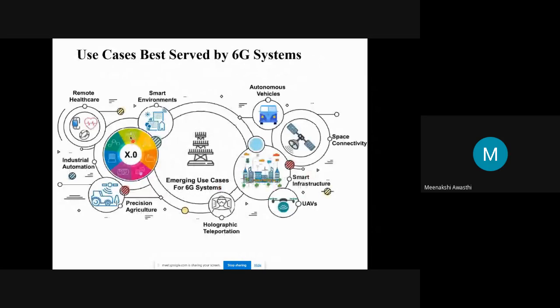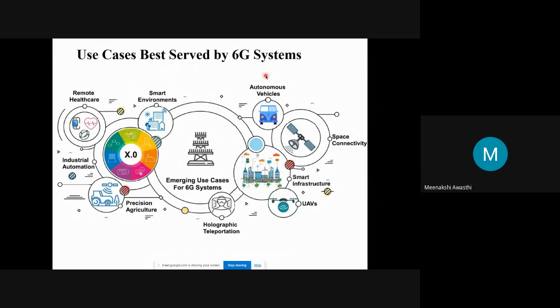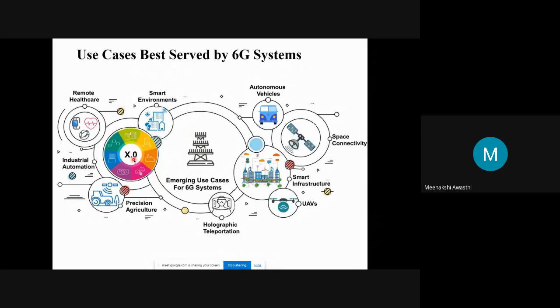Now we'll see in this slide the use cases which are best served by the 6G systems. Like the 5G, where we have seen three use cases, now in 6G you can see how much more complex it is. Here you can see the emerging use cases for 6G systems.